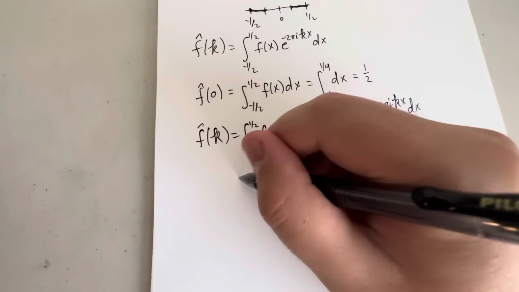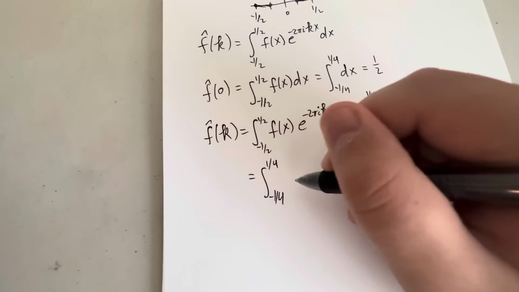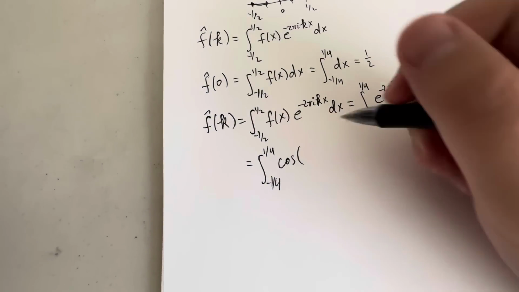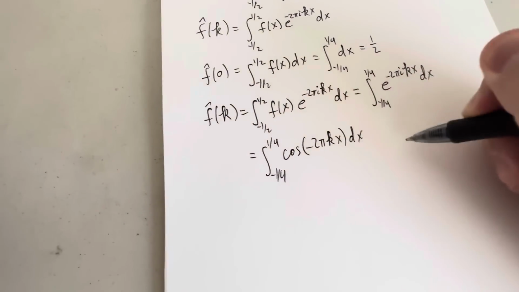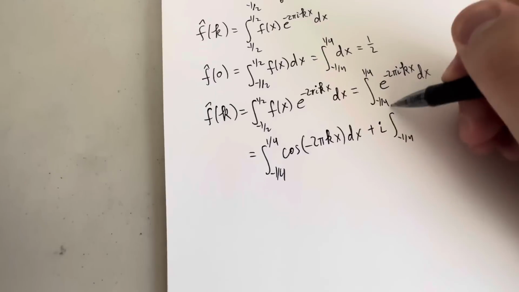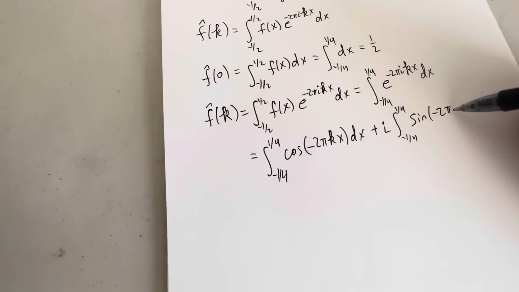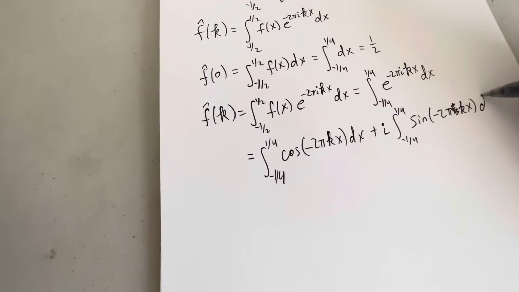So I get the integral from negative 1/4 to a quarter of cosine of negative 2 pi k x dx plus i times the sine of negative 2 pi k x dx.